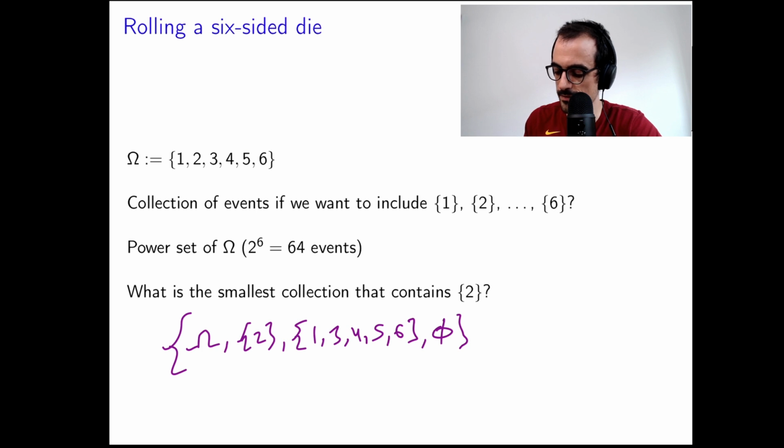The intersection of this guy and this guy is the empty set, we have it. You can check that we have satisfied all the rules. We have ended up with a different collection. With this collection, we would only need to worry about assigning probabilities to these 4 events. In the other one, we need to worry about assigning probabilities to 64 events.